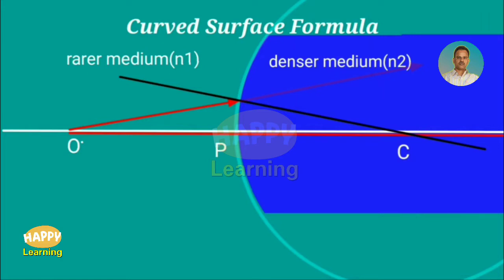Then applying Snell's law, we can say that as the ray is entering from rarer medium to denser medium, it bends towards the normal. Then its path will be something like as shown here. So this ray also crosses the principal axis.